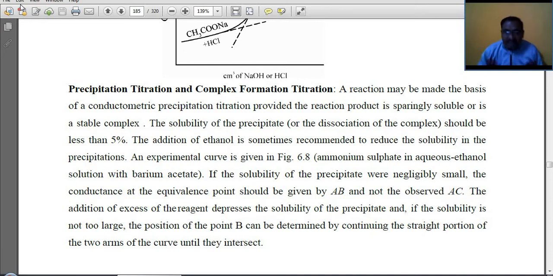I think you know that precipitation titrations are part of the practical classes; precipitation titrations are generally done in those practical classes.